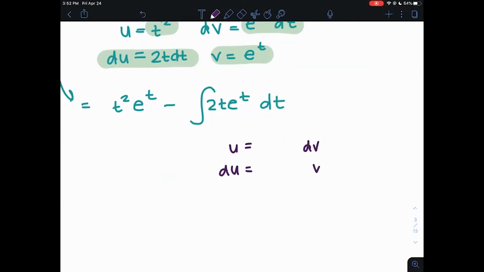And I'm going to go the same exact way here and say that u is 2t, and therefore du is 2 dt, and dv is e to the t dt, and v is e to the t.